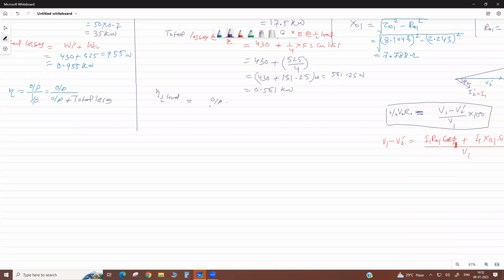Output by input: the output is, and input means output again plus losses. So now here is also total losses. Just put in the values. Now what is the kilowatt?